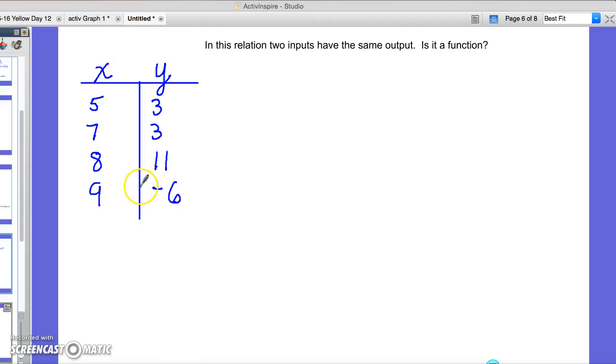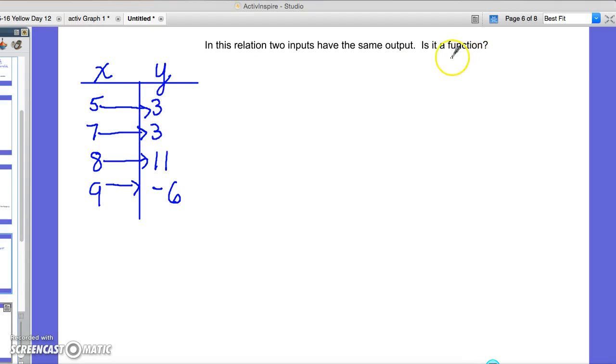Again, I don't have a rule. All right. So I have 2 inputs that have the same output. So if I put in a 5, I get a 3. If I put in a 7, I get a 3. 8, of course, is 11, and 9 is -6. But I have 2 inputs with the same output.